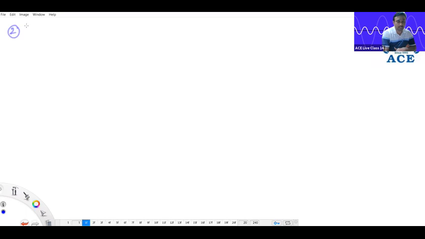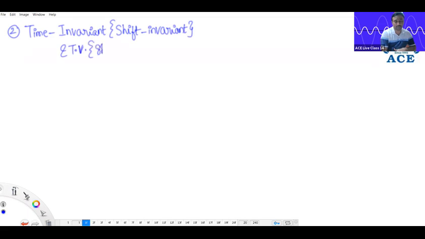Let us discuss the second system, which is called a time invariant system. Its other name is shift invariant. And a time variant system means a shift dependent system.